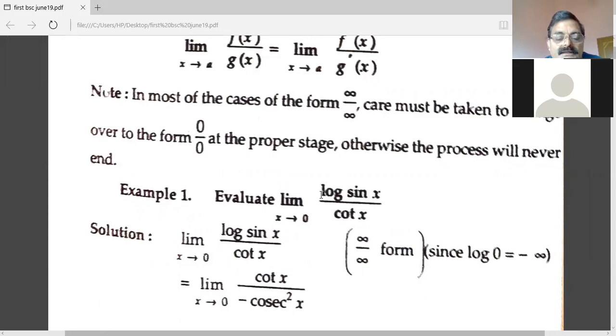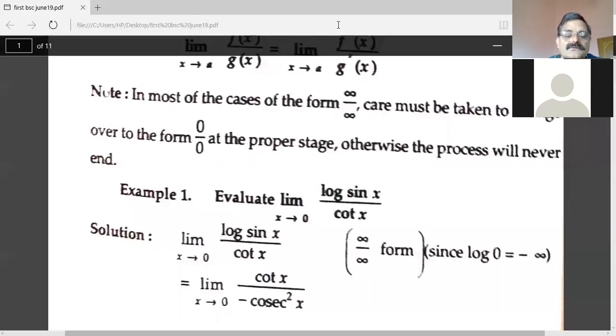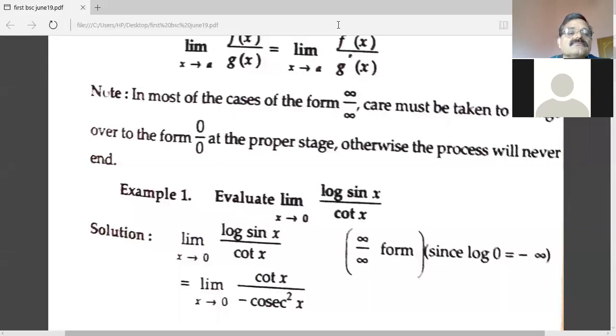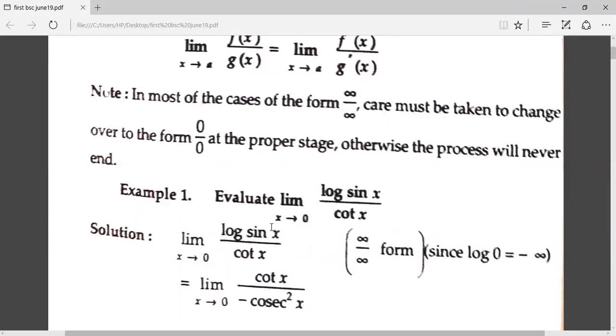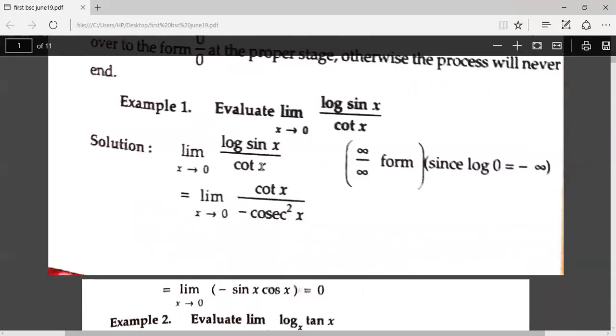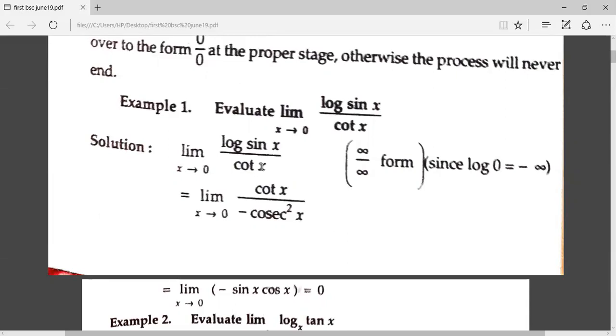Therefore, limit of log sin x divided by cot x as x tends to 0, because it is of the form infinity by infinity, you have to differentiate both numerator and denominator. What is differentiation of log sin x?